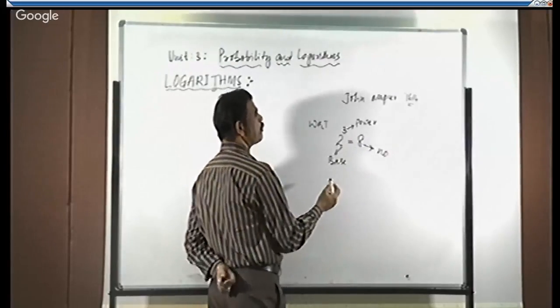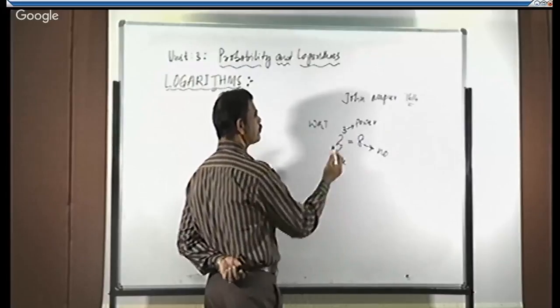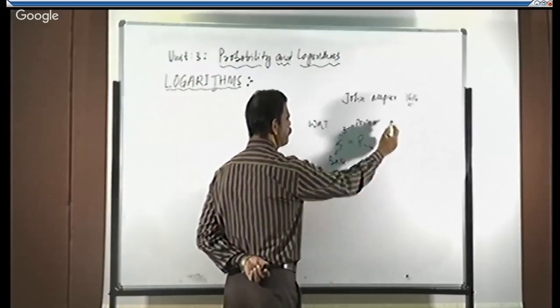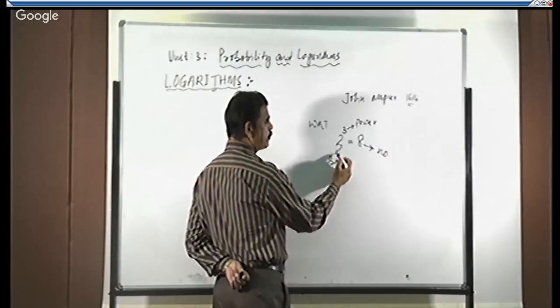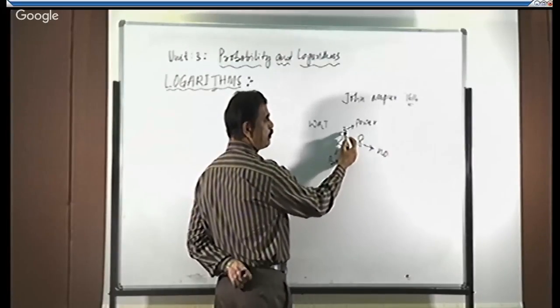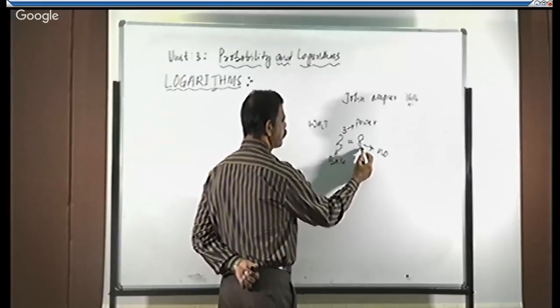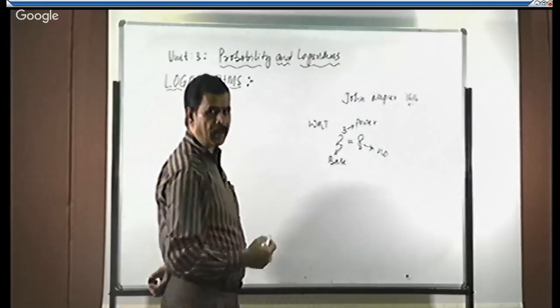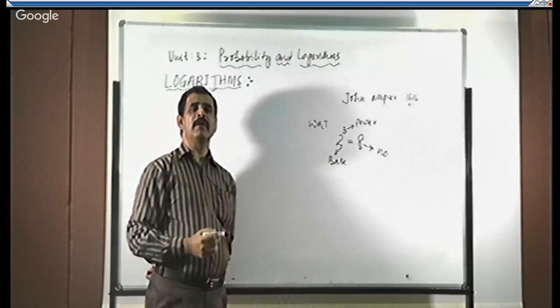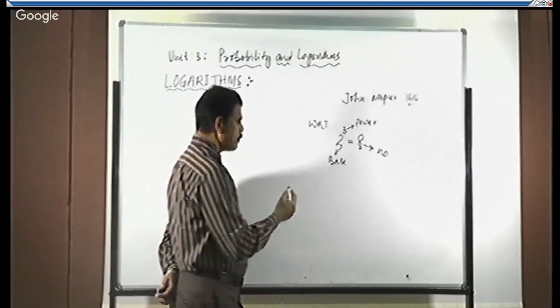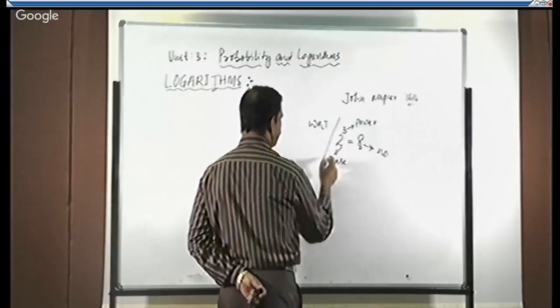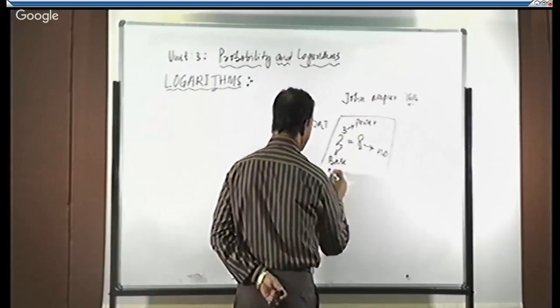So for understanding purpose, please have in your mind, this is base, this is index, or we will call it as power, and this is number. For any base, if you put any power, definitely you will get some number. Okay. So the same thing we will consider in defining a logarithm.